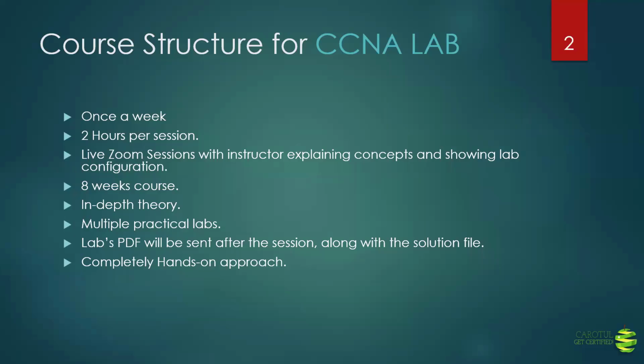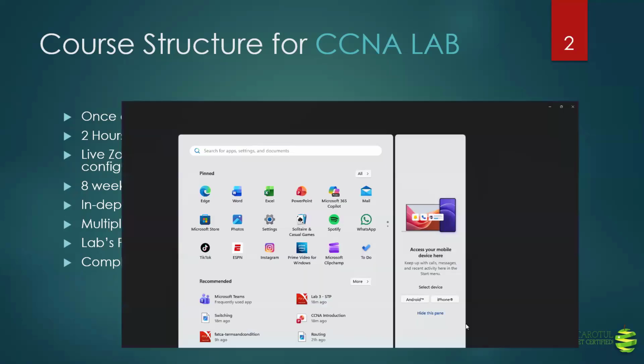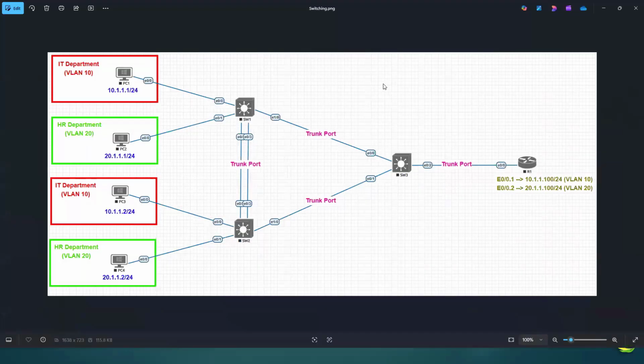The second part of the course will be routing, where you will need routers for configuration of routing, and of IP services like network address translation, network time protocol, and so on. On top of that, we also need to configure security on that routed infrastructure. That's why for the whole course, we are going to use two topologies. One topology will be the switching topology, as you can see on the screen.